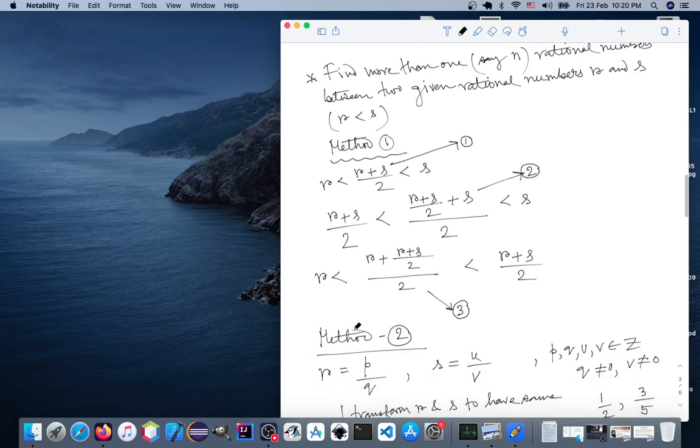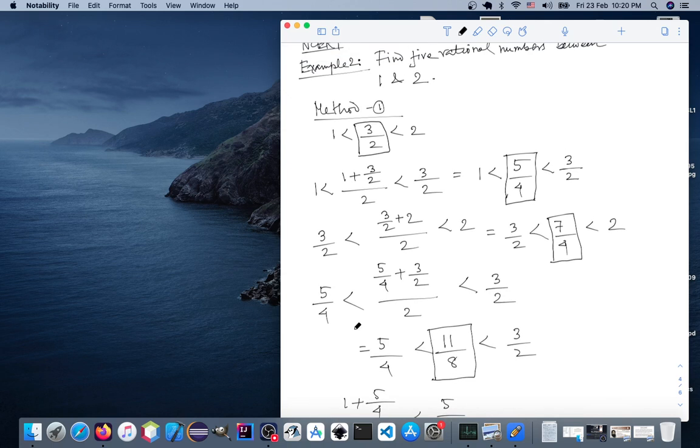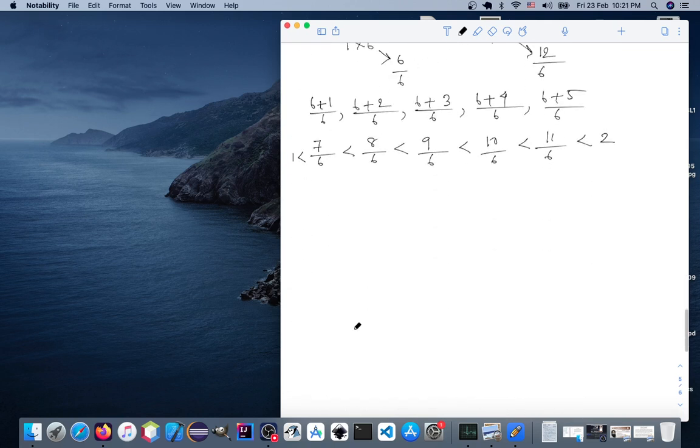As you can see, between any two rational numbers R and S, we know there is a rational number that lies between R and S, that is (R plus S) by 2. Now, again, we know that there lies another rational number between R and (R plus S) by 2. So if we keep on doing this, we will see there are infinite rational numbers between any two rational numbers. This is a very important point.